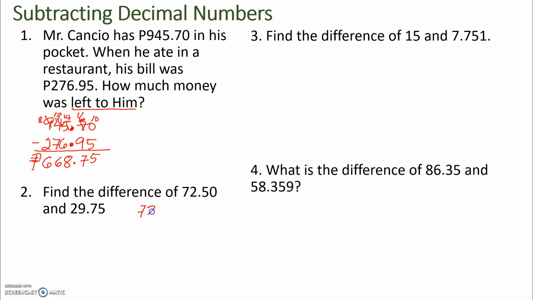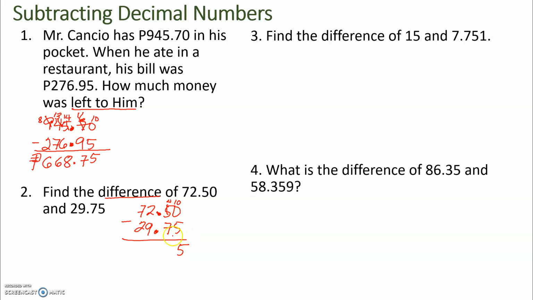We have here 72 and 50 hundredths, and then we also have 29 and 75 hundredths. Again, this is the decimal point. That is subtraction because of the word difference, the answer to subtraction. So 0 minus 5 cannot be. Again, we will borrow. This becomes 4 and this becomes 10. 10 minus 5 equals 5.